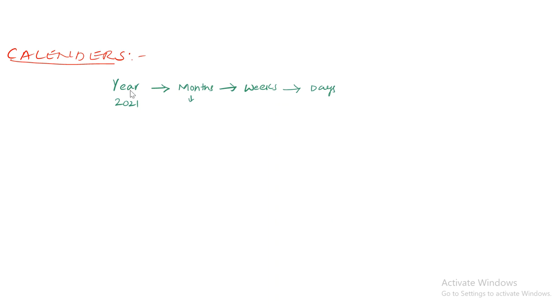Now you know that the months are fixed at 12. As for days, there are 365 days if it's a normal year.